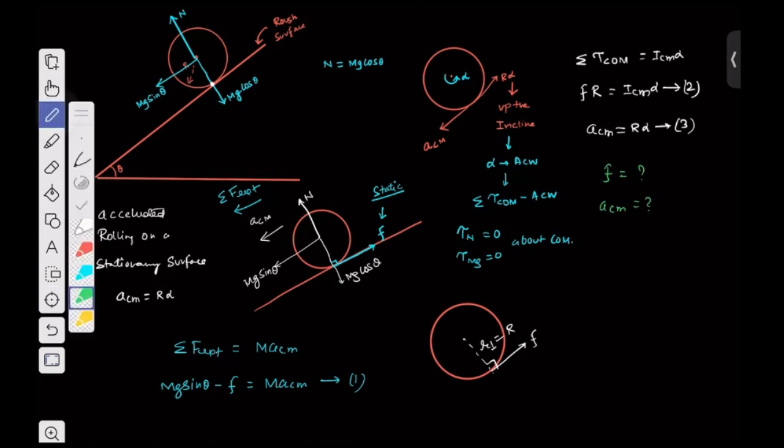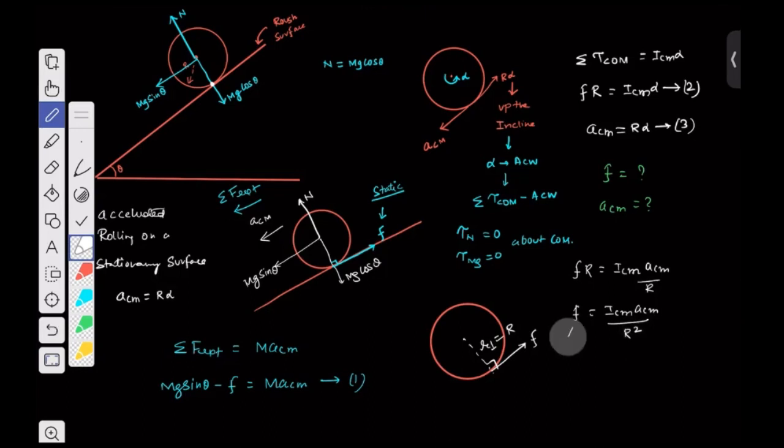It's very simple. You consider using the value of alpha in terms of ACM in equation number 2. So what we get is FR equals ICM into alpha, which is ACM by R. So F will be equal to ICM ACM by R square. Then I will use this value of the friction force in equation number 1.